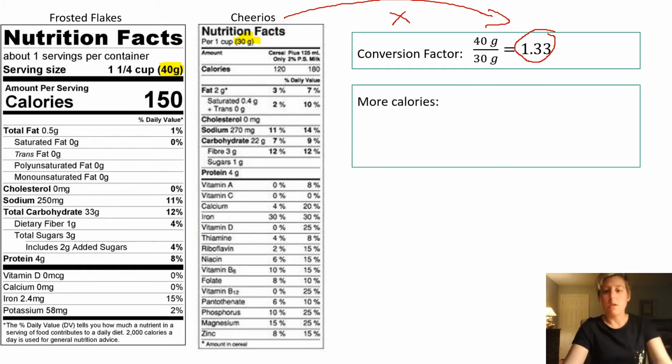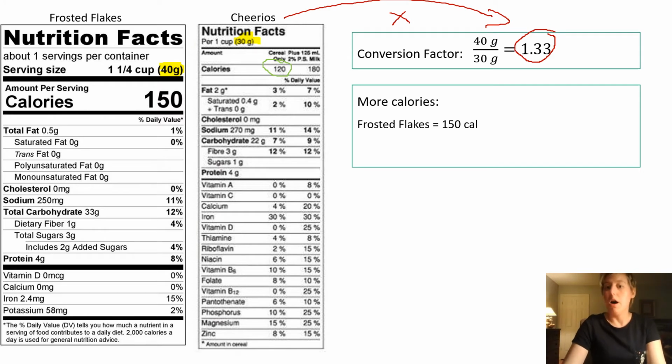The first thing we're going to look at is which one has more calories. Frosted Flakes, per one serving size, is 150 calories. For Cheerios, based on its serving size, it has 120 calories. But I can't just write that number down.